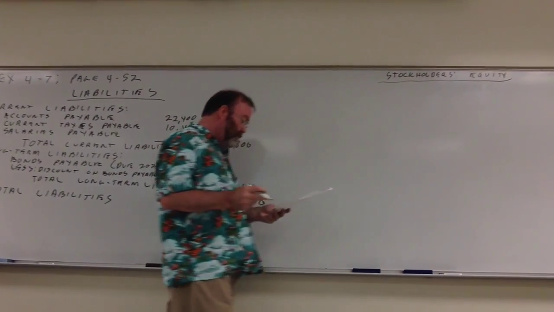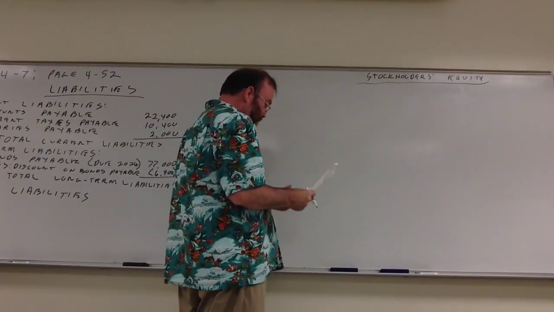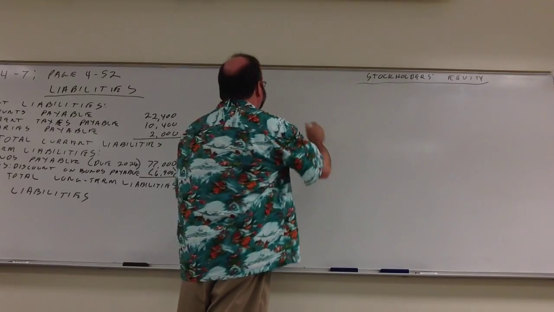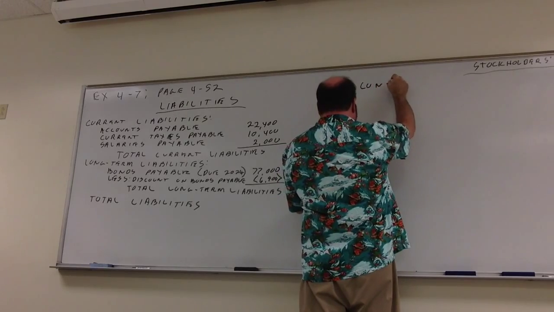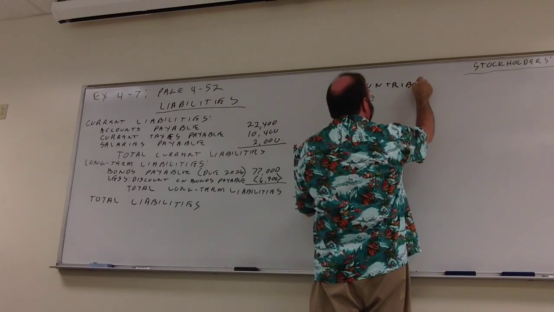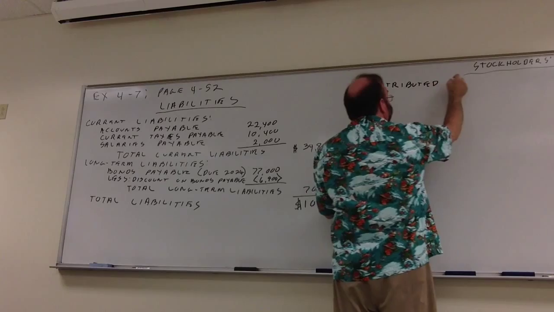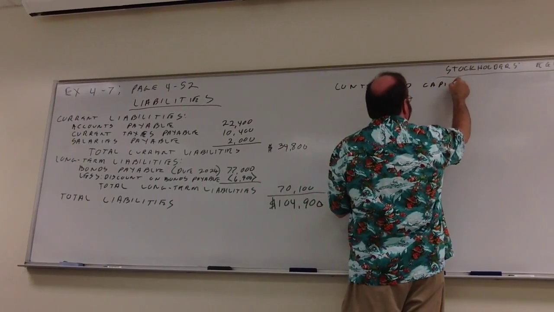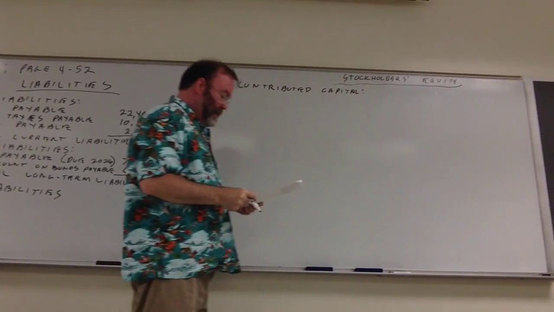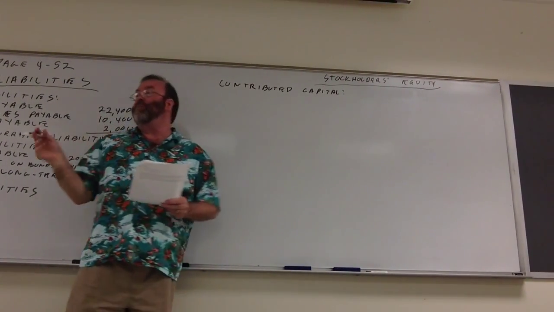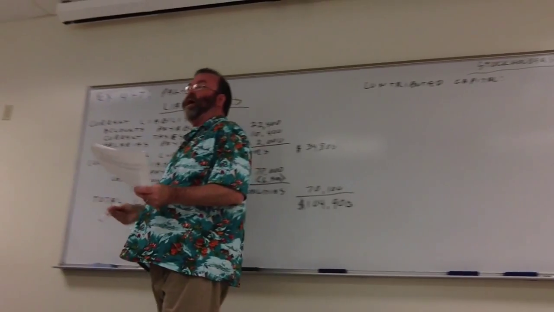So stockholders' equity has 2 possible subsections, and that's contributed capital. This company has a complex capital structure.